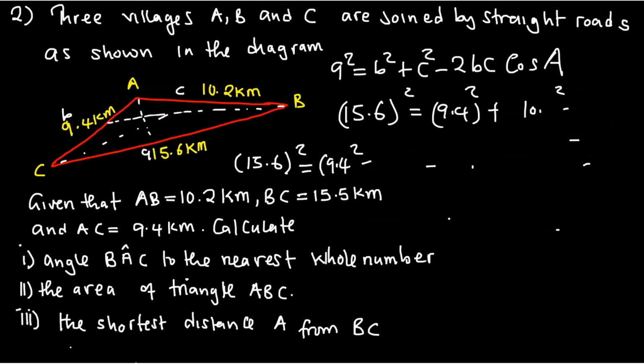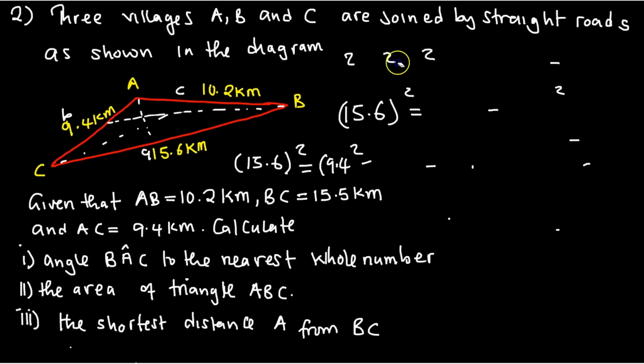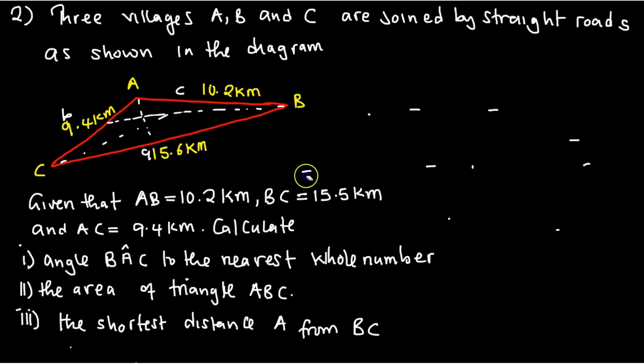Let me just clear up something here so that we can see it clearly. So the first part, 15.6 square, is giving me 243.36, equal to 9.4 square, which has given me 88.36.